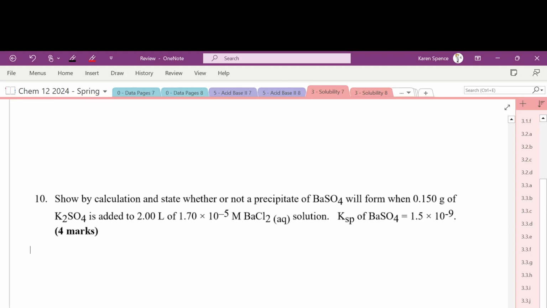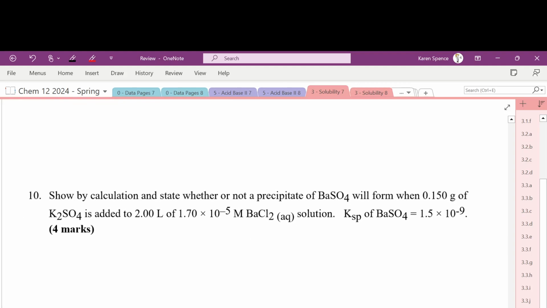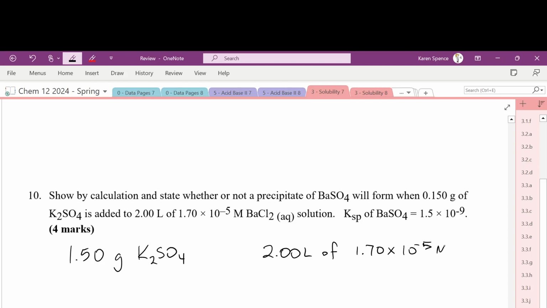Show by calculation and state whether or not a precipitate of barium sulfate will form when 1.50 grams of K2SO4 is added to 2 liters of 1.70 times 10 to the negative 5 molar BaCl2.